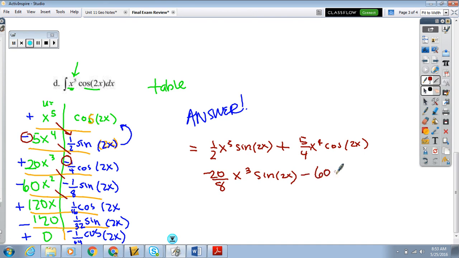Minus 60 over 16 x squared cosine of 2x. You'll notice that I'm alternating sines and cosines and my powers are going down.